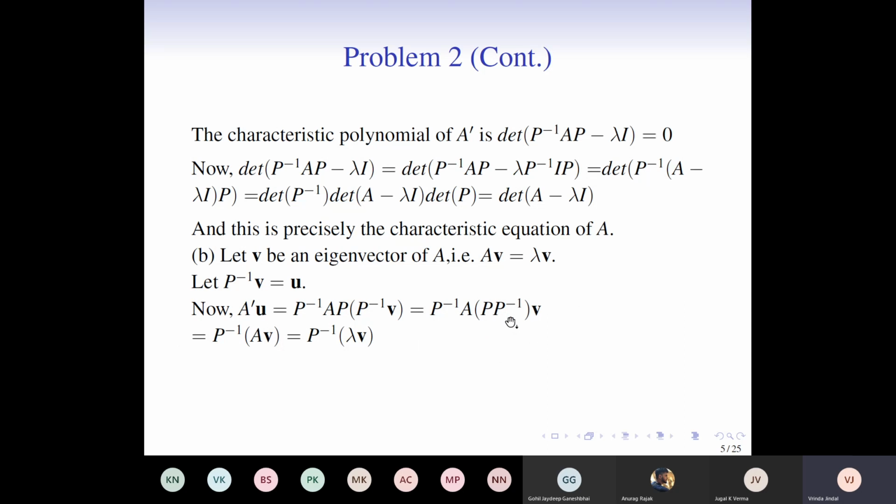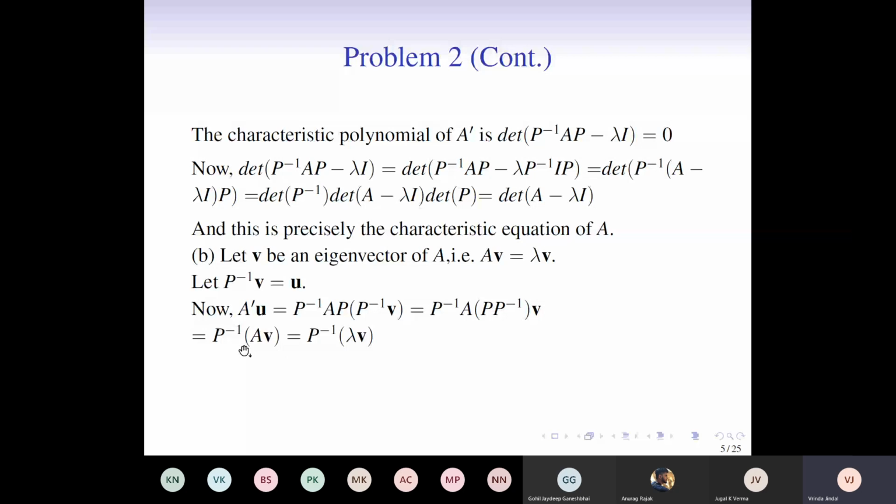So this thing reduces to I, and we get P inverse A V, combining using properties of the multiplication of matrices.